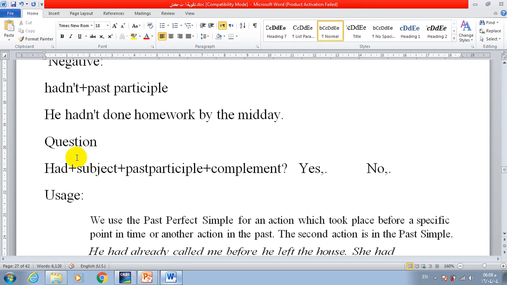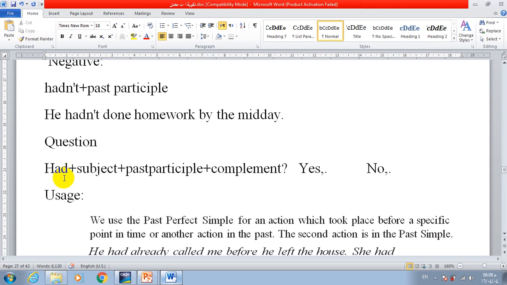Okay, when I want to ask a question in the past perfect simple, we must follow this rule. If the answer starts with yes or no, we must start the question with a helping verb, and the helping verb in the past perfect simple is had.